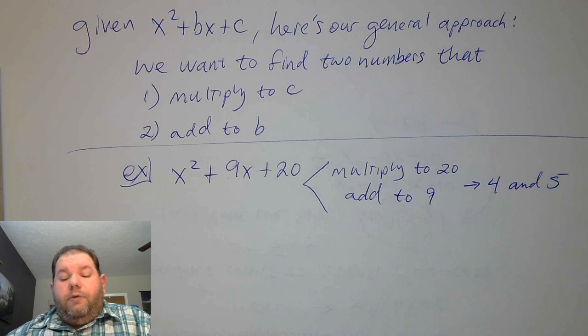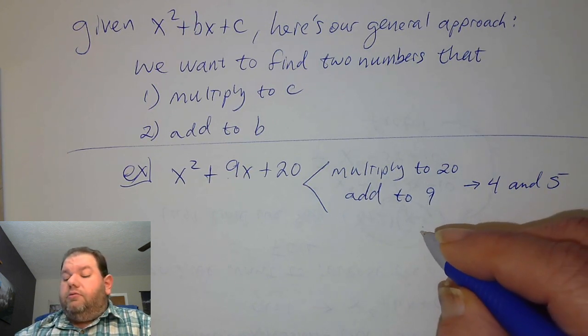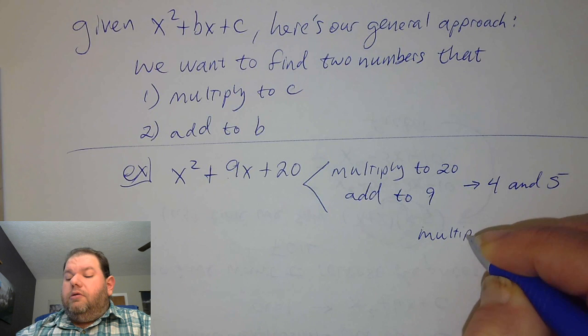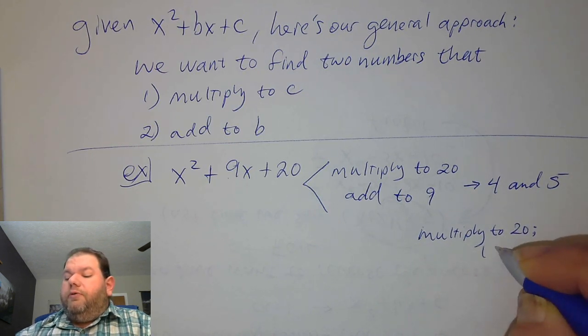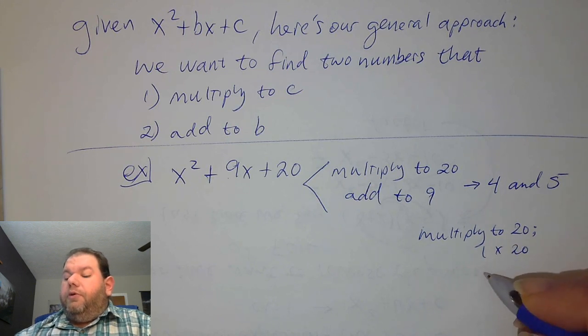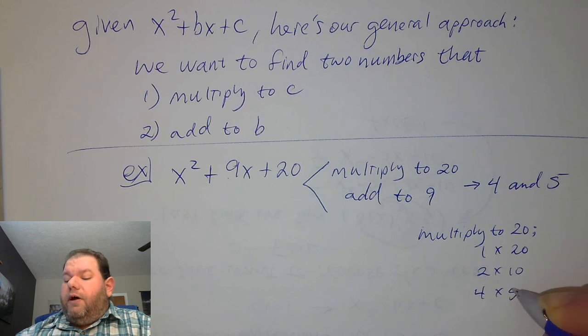Good. We always want to start with the multiplication, because we know a lot of things add up to 9, but only certain things multiply to 20. So 20 is where we want to begin. We think about what multiplies to give us 20. Well, we know it's 1 times 20. We know it's 2 times 10. And we know it's 4 times 5.